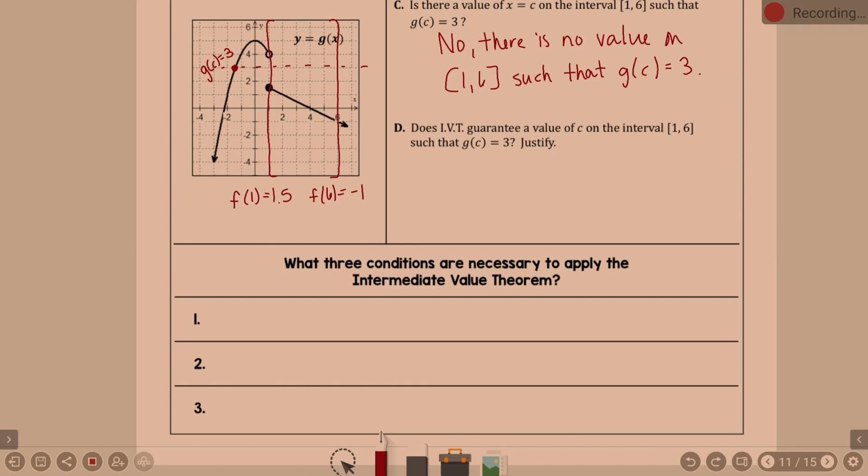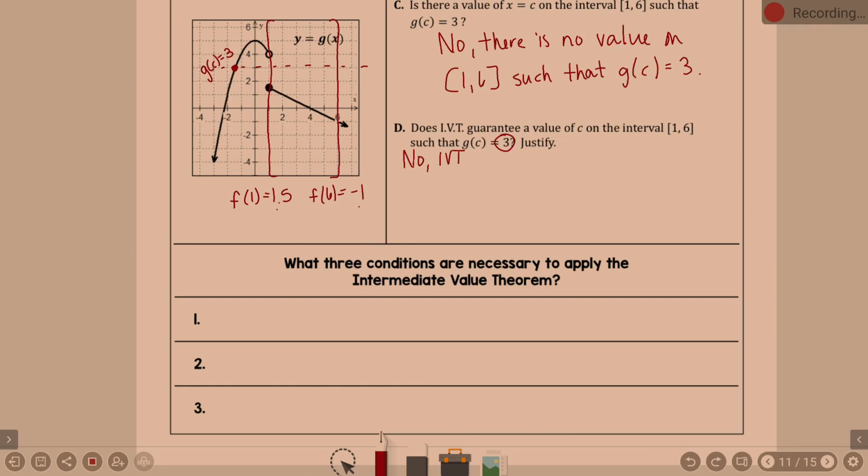What's the catch? 3 isn't between those. 3 does not fall in between the y values of -1 and 1.5. Only the values between -1 and 1.5 are guaranteed. Yeah, could this graph have been drawn differently and go up and then down? You know, it could. But it's not guaranteed, is what we're looking at there.